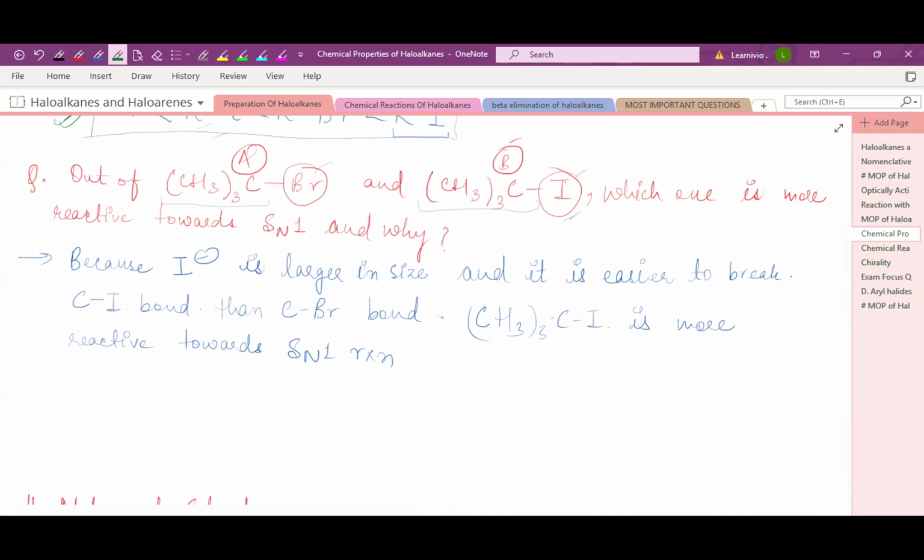So it depends on the size of the leaving group. Iodine is larger in size, so it is easier to break the C-I bond than the C-Br bond. That's why this molecule B is more reactive towards the nucleophilic substitution SN1 reaction. Clear?